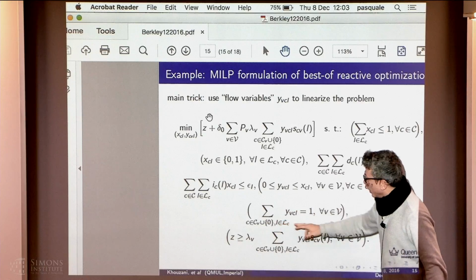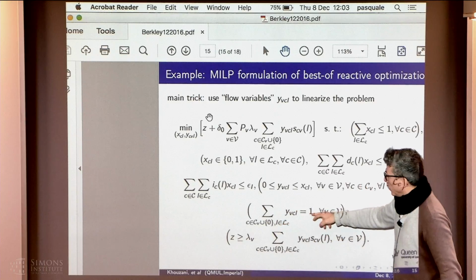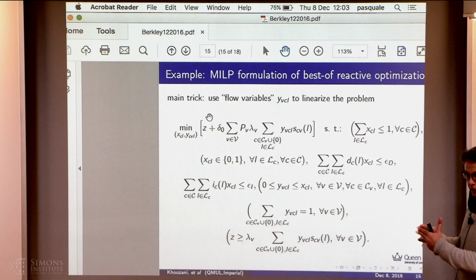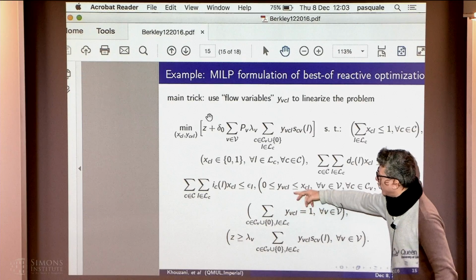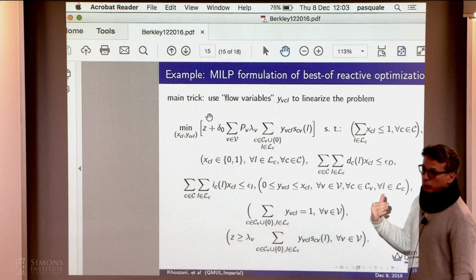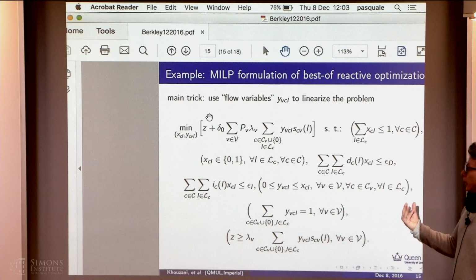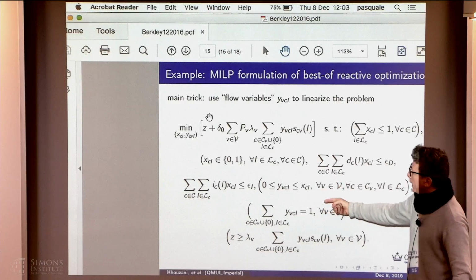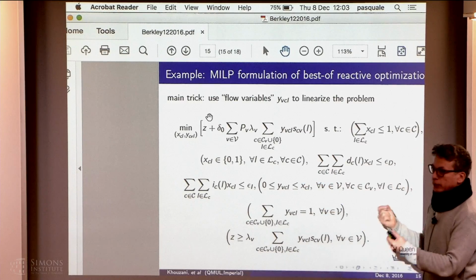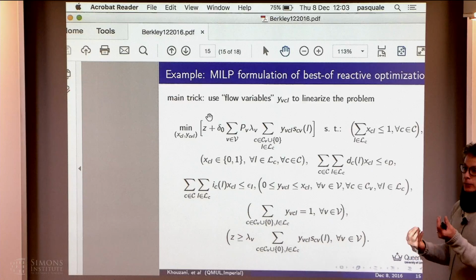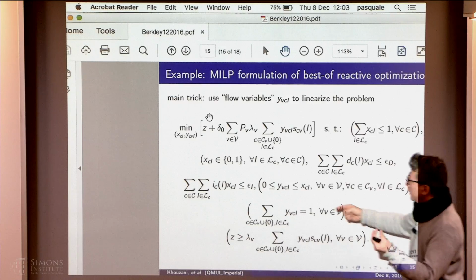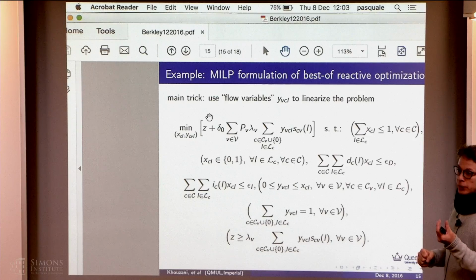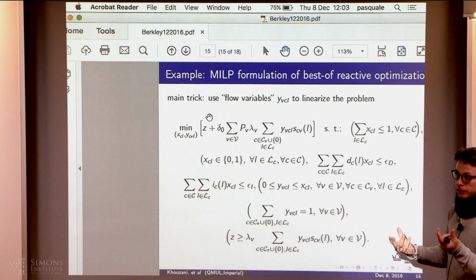And then for a given vulnerability, you also have to satisfy the constraint that the exit flow has to be 1. So you need to have some of these y's equal to 1. Now the engine is looking to minimize this problem, so whichever it has to pick, it is going to pick the one that is consistent with the minimization objective, which is the most effective.